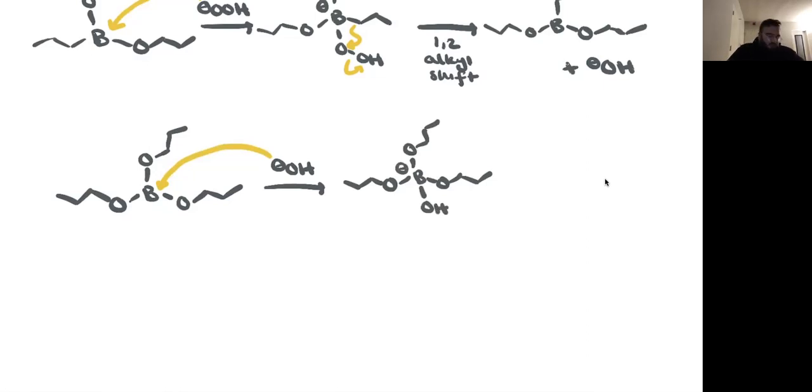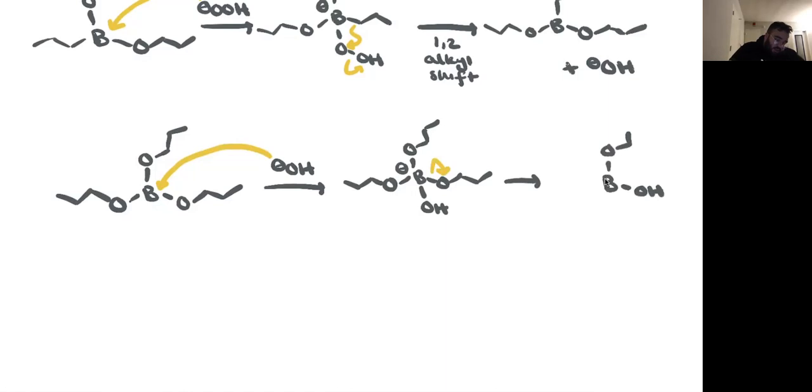Okay, you get this intermediate once again. Please do not forget formal charge. And then afterwards, you're going to kick off one of your alkoxy groups, right? In order to end up with this final intermediate.